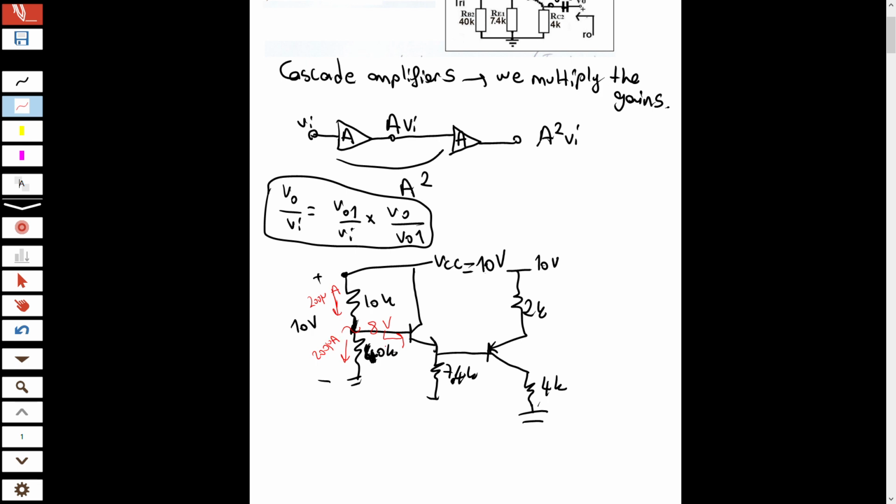Think like this: if this is 8 volt, then here becomes 7.4 volt since VBE is 0.6 volt. Then I know that there is 7.4 voltage drop here, so IC1 simply equals 7.4 volt divided by 7.4K, and it is 1 milliampere. Also, we should ignore the IB2 current.